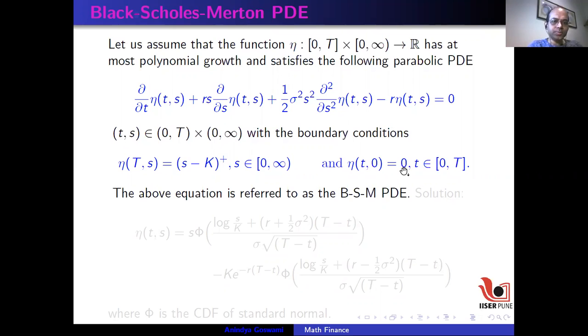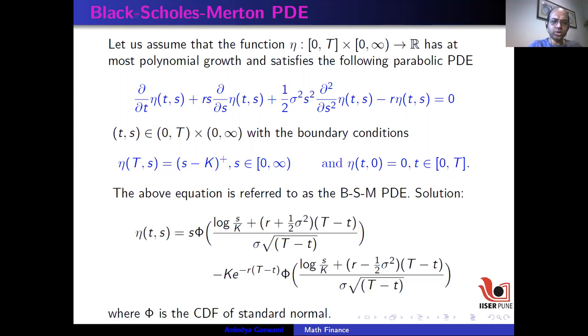So the above equation is referred to as the Black-Scholes-Merton PDE, and we know the solution. The solution of this equation can be written as this, using the CDF of the standard normal, which we denote by capital phi. S phi of log S by K plus... I'm not reading this part, as you have already seen this.